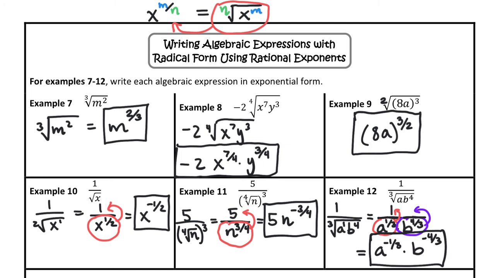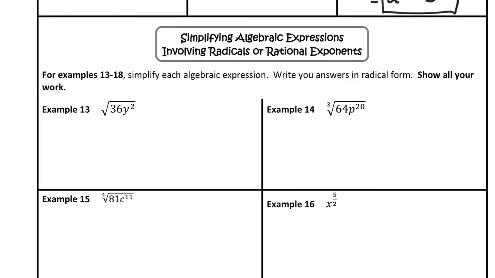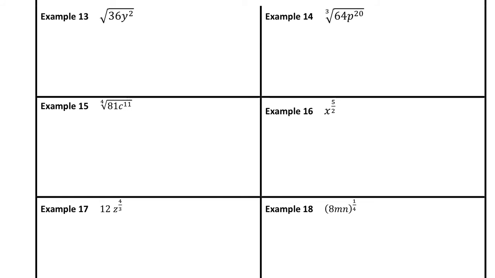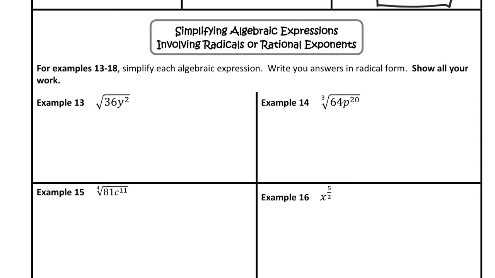Awesome. So that leaves us with example 12. Then we have one more section to look at. That section has, let's see, six more. So it's almost the same number that we did earlier. Okay.